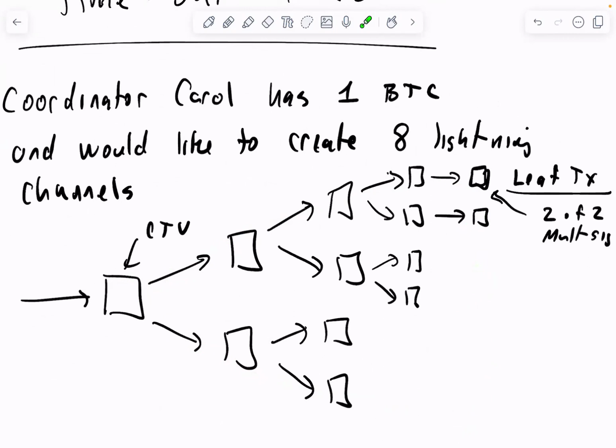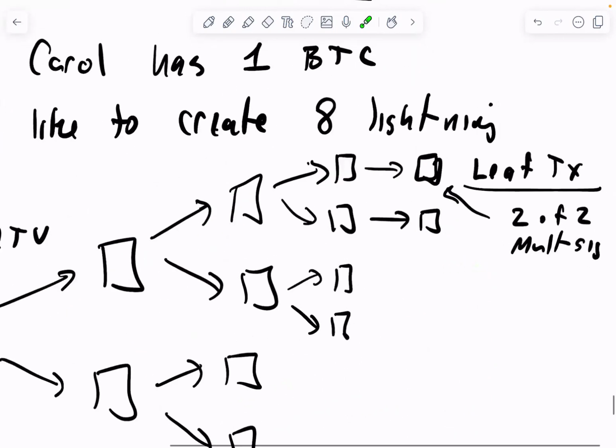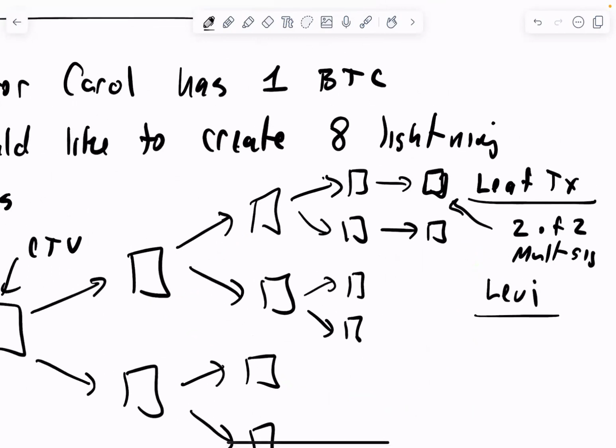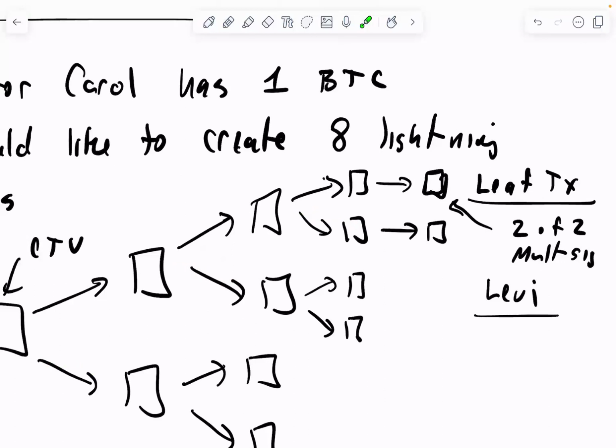But the point here is that when we're funding this channel, say this person here, we'll call this Levi for Leaf, Levi has the other signature here. They would also be provided with the CTV hash here, the CTV hash here, the CTV hash here.